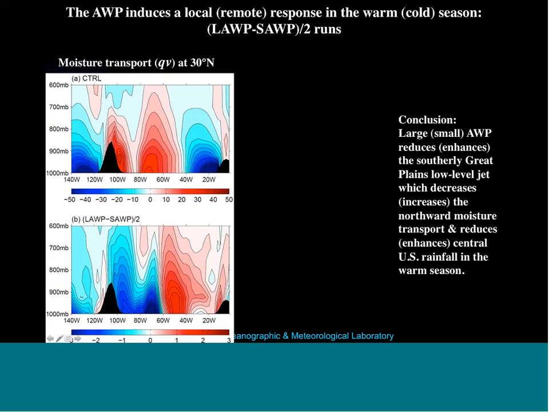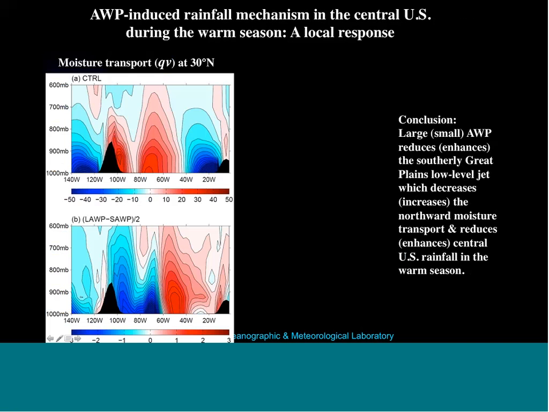Then here we first take a look at the local response during the warmer season. What we plot here is the moisture transport at 30 degrees north. Here is the longitude, the top panel shows the control run, and the lower panel shows the model difference between the large warm pool and small warm pool cases.